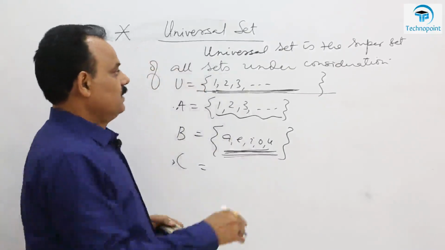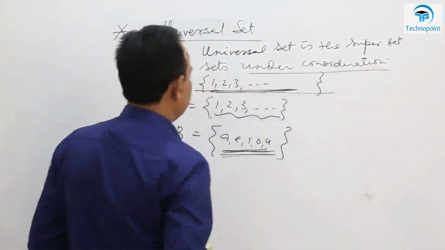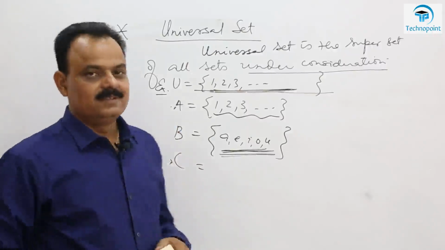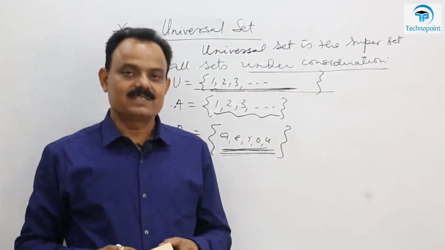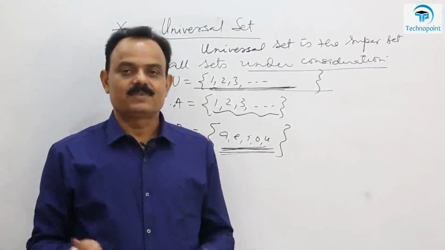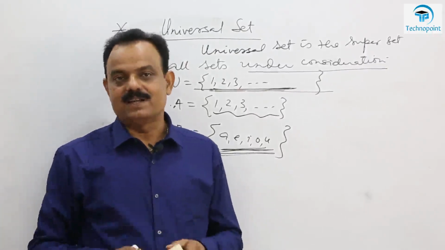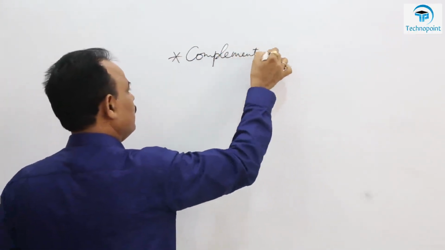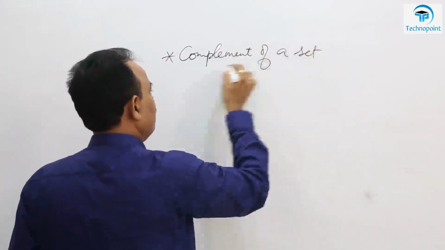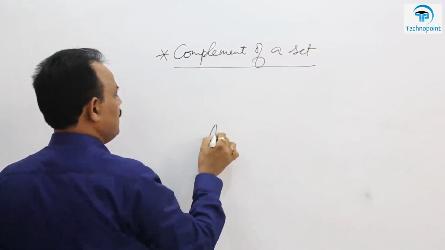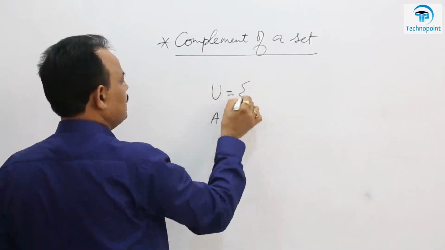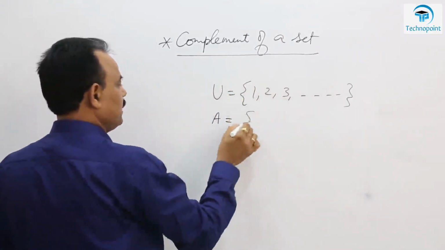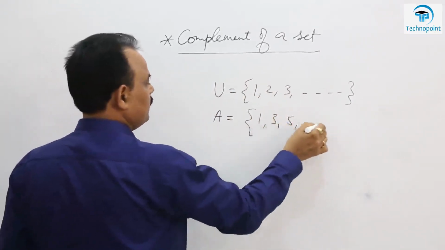So we have used here the term under consideration. All sets under consideration will be proper subsets of the universal set, and the universal set will be the superset of all sets. Now, complement of a set. Suppose the universal set contains all natural numbers, and A is the set of all odd natural numbers.